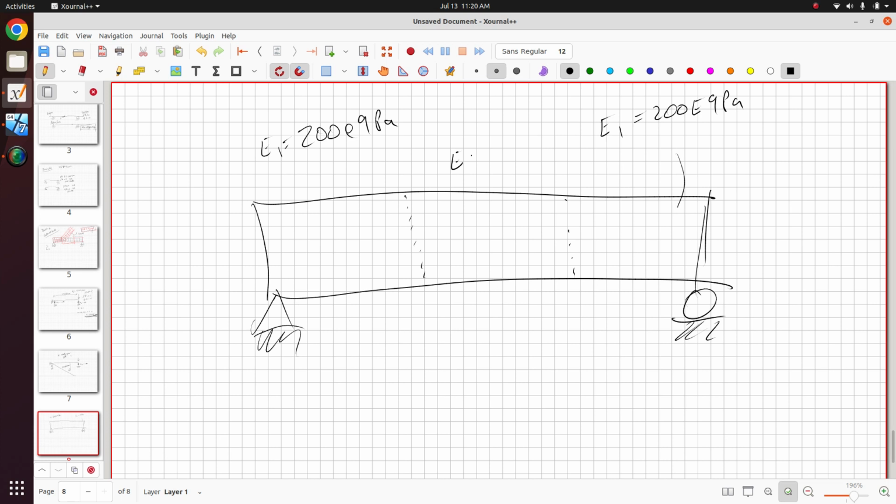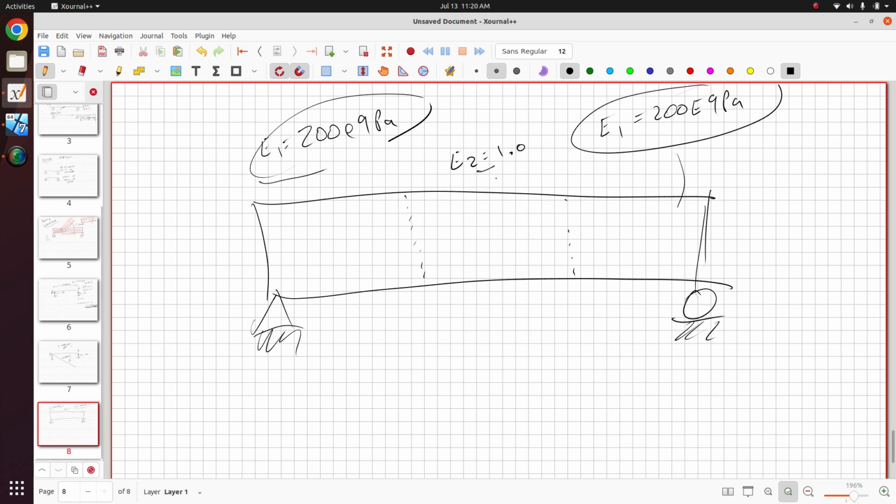And then E2, what if I make that 1? So here you can imagine this is steel, but this is maybe jello or gelatin. Now, what happens when I load this with, I don't know, 1,000 newtons?